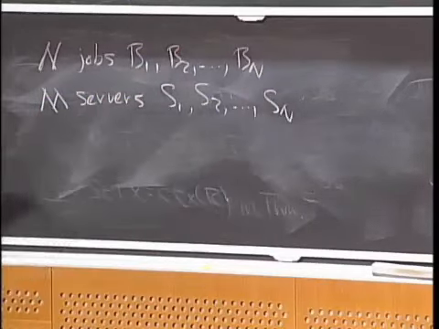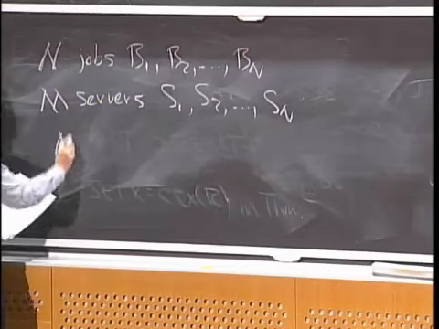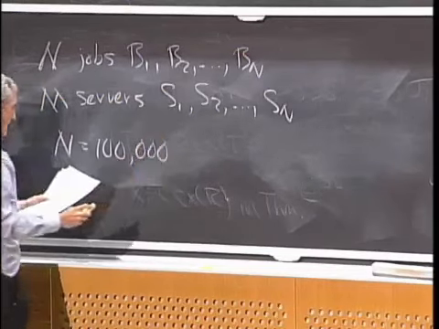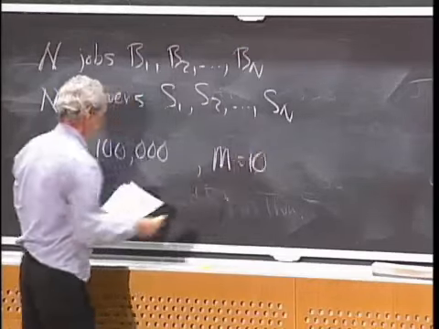And say you're doing this for a decent-sized website. So maybe n is 100,000. You've got 100,000 requests a minute. And say you've got 10 servers to handle those requests.